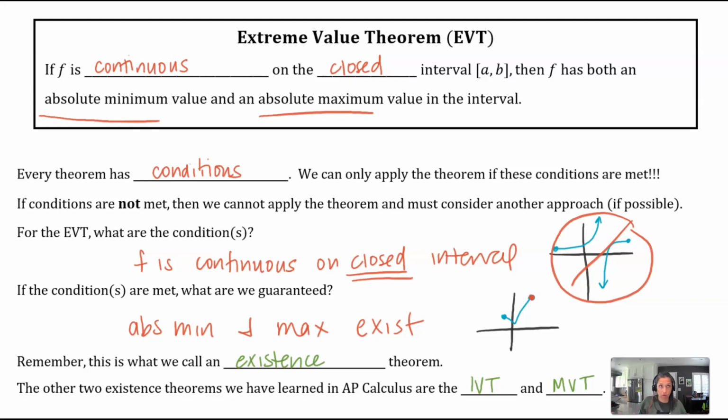So extreme value, where we hit our max and min; IVT, where we hit some particular value of y in between our two output values; and MVT, where our tangent line slope is the same as the slope of our secant line. Those are our existence theorems. Now we're going to put this all together with the candidates test and how we use this to find the absolute minimum and maximum value on our closed interval for our continuous function.